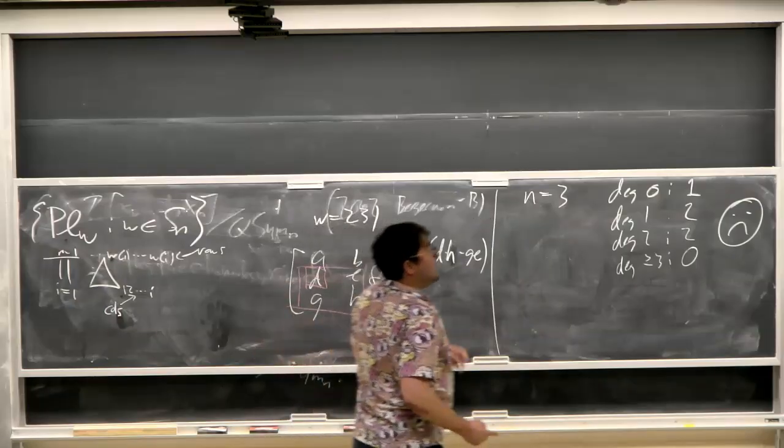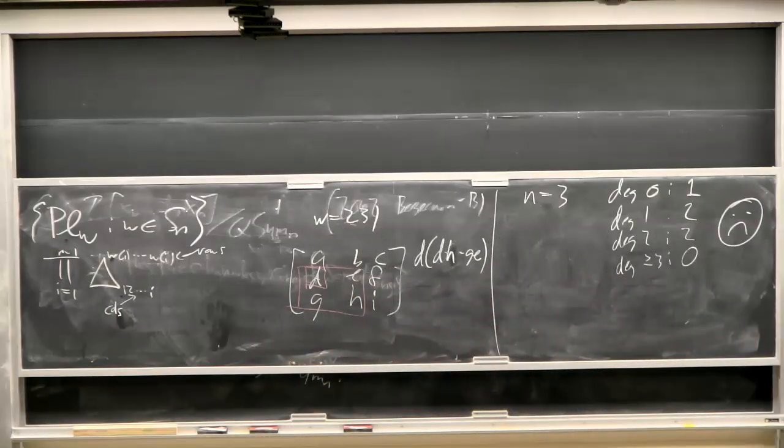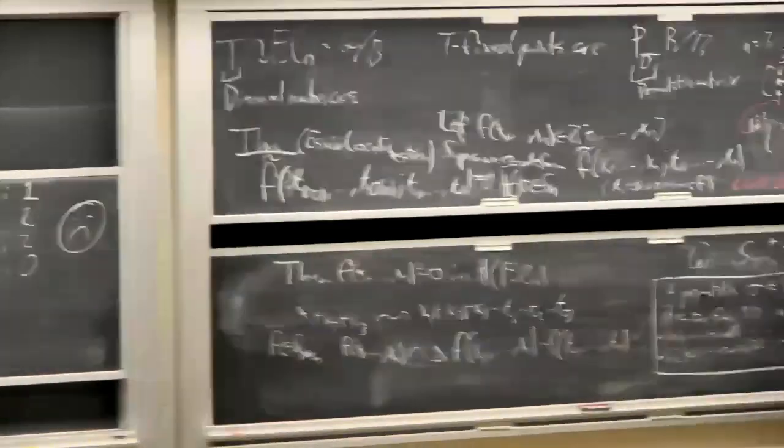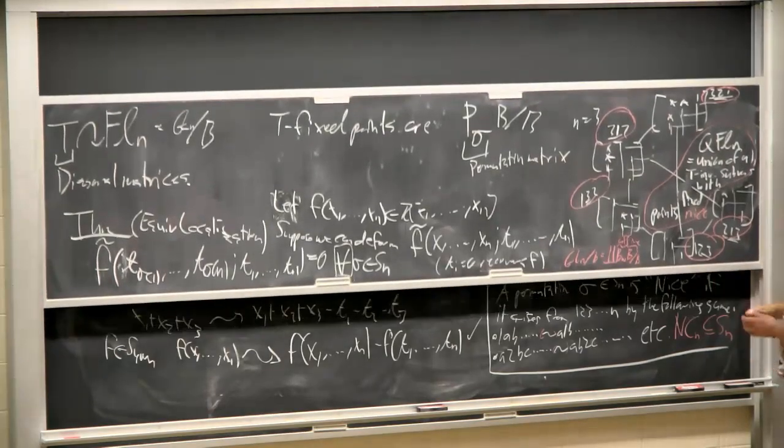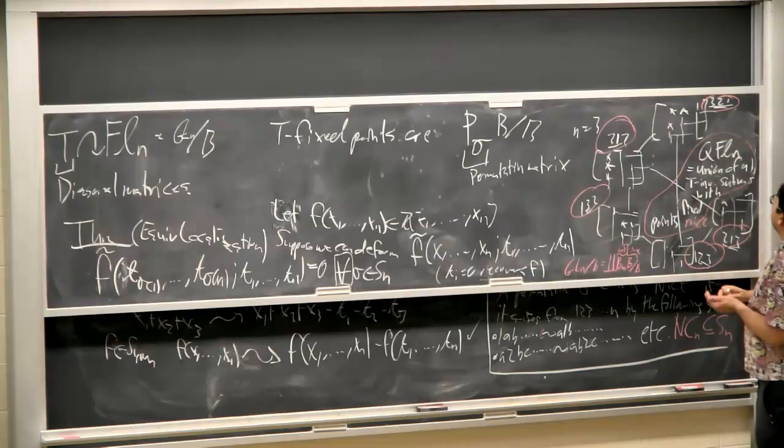And what we're going to do to excise all of these bad points is, the way you get the union of all the T-invariant subvarieties that avoid some fixed points is you just set those generalized Plücker coordinates to 0.